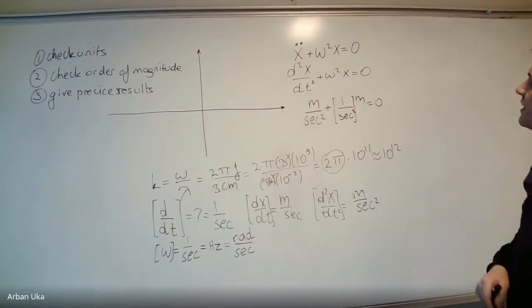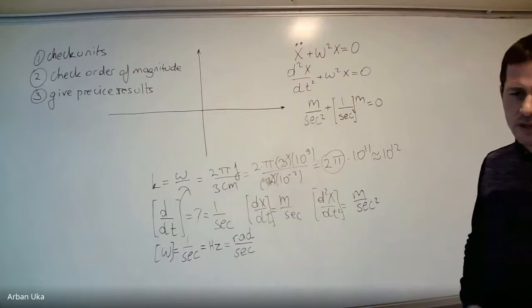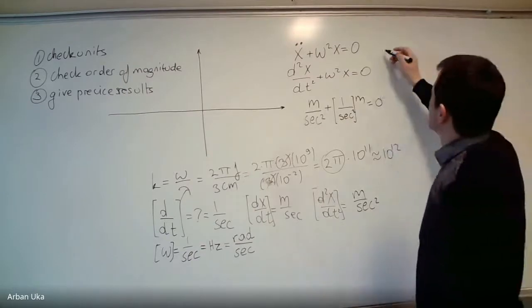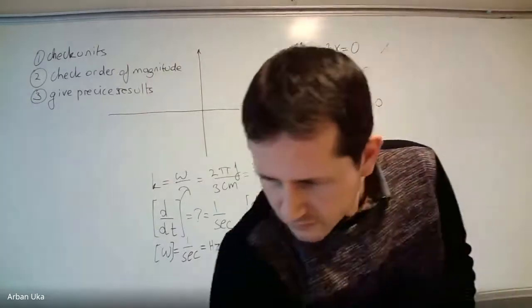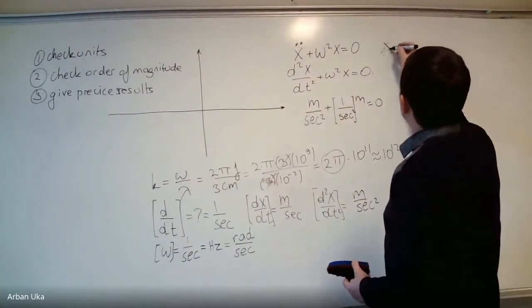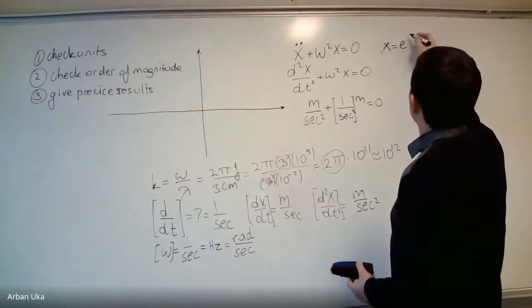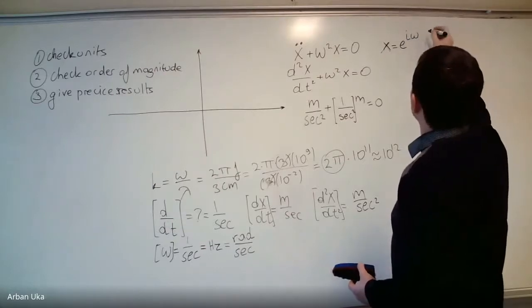So it looks like we have an equation, and this equation is an oscillatory equation. So let's check if x is equal to e to the power i omega t.